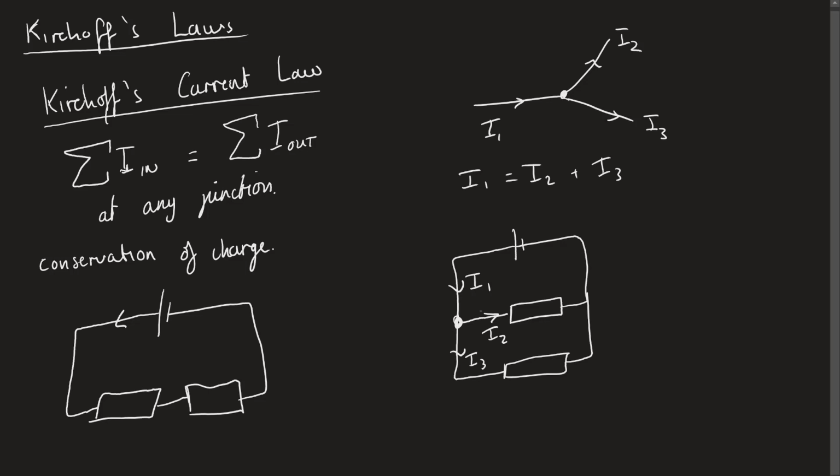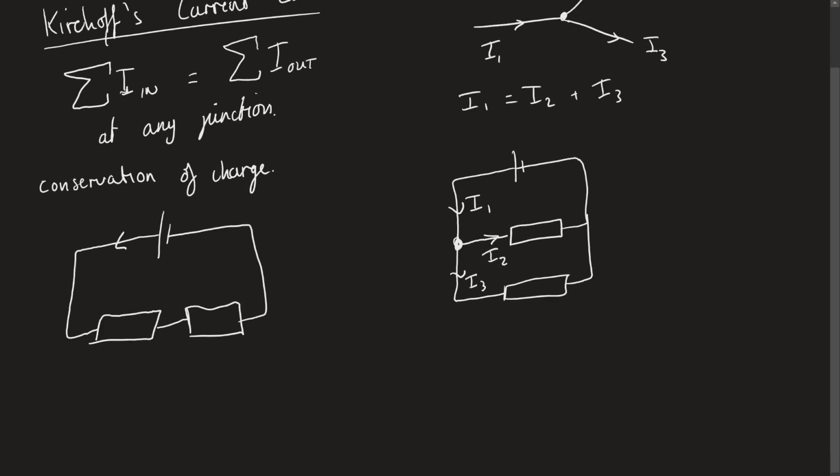And then this means that the sum of these two currents, I2 and I3, has to be equal to the current coming into the junction, which is I1. This is why the current between these two things will be different, because we're just splitting the amount of electrons that are traveling down each path. And this is Kirchoff's current law. So we now know a more in-depth explanation as to why current behaves like this.